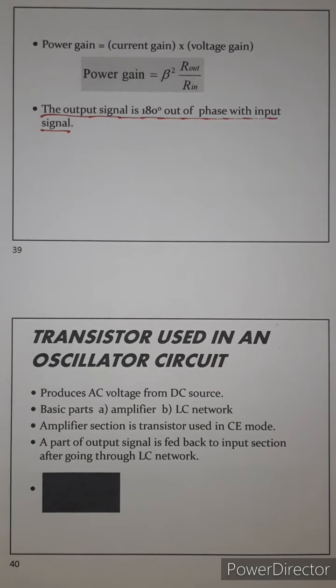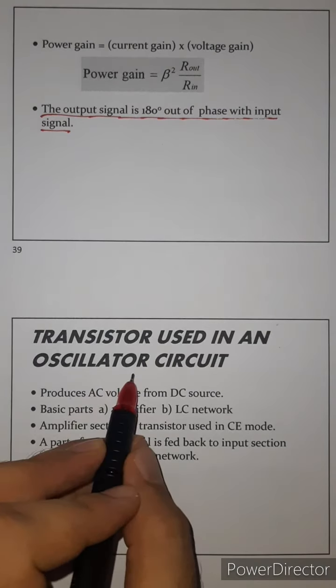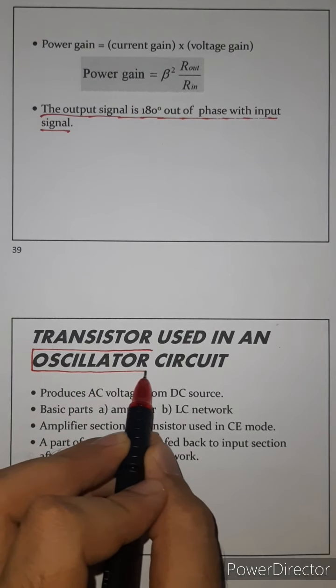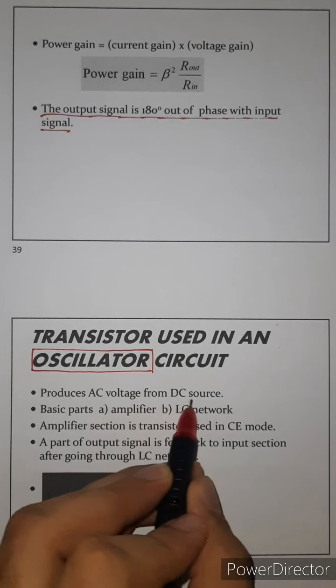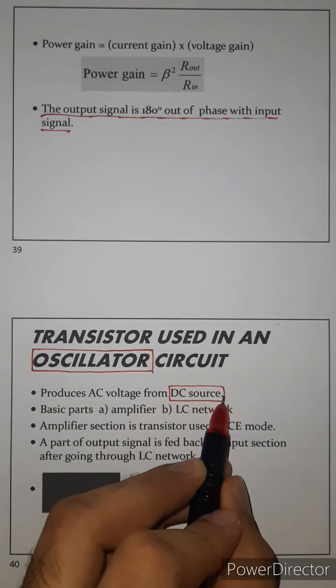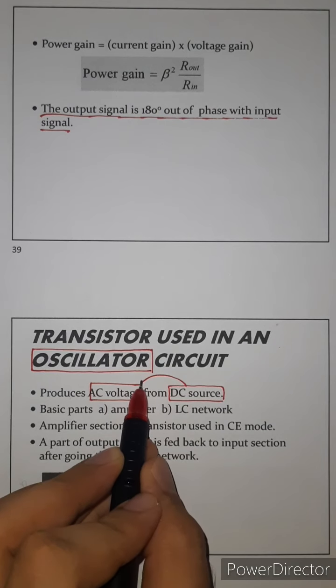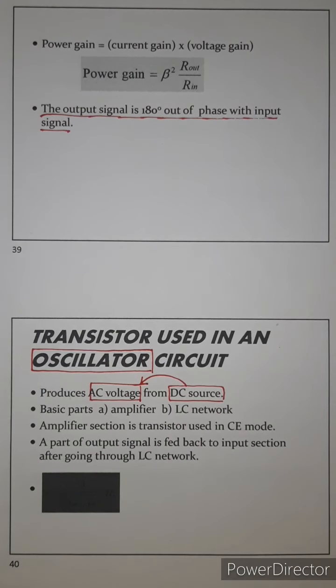The next application of transistor involves the use of transistor in an oscillator circuit. An oscillator circuit is a circuit which is used to convert DC signal into AC signal. So with the help of oscillatory circuits, we can convert DC voltage into AC voltage, and it has two important parts.